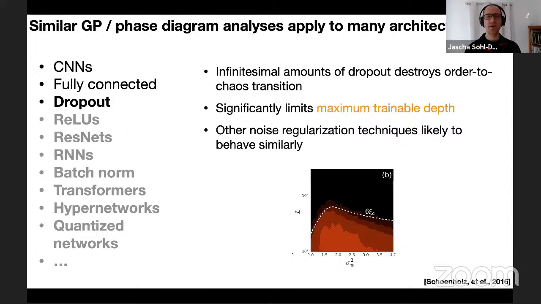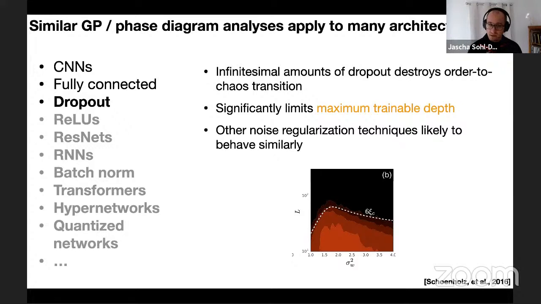Surprisingly, in the presence of dropout, you can see that there is no critical line, and the maximum trainable depth is always finite. Qualitatively, you can imagine that what happens in the presence of dropout is that dropout erases a fixed fraction of the information about the input with every layer, such that information about the input decays exponentially towards zero with depth, making training impossible.